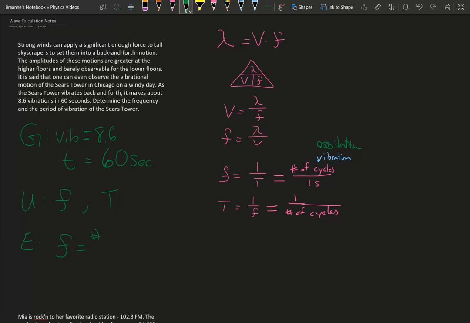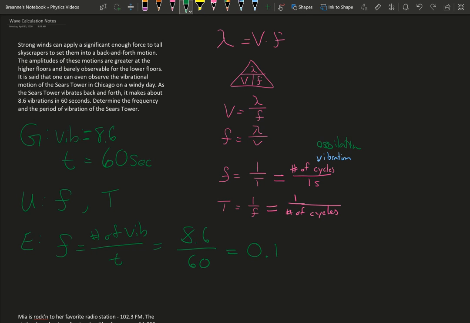In this case, we're looking at vibrations over our time. Now we specifically want 1 second, but you can simplify. So we just do 8.6 over 60. Once you take your handy dandy calculator and divide that out, you are figuring out how many vibrations are in 1 second.